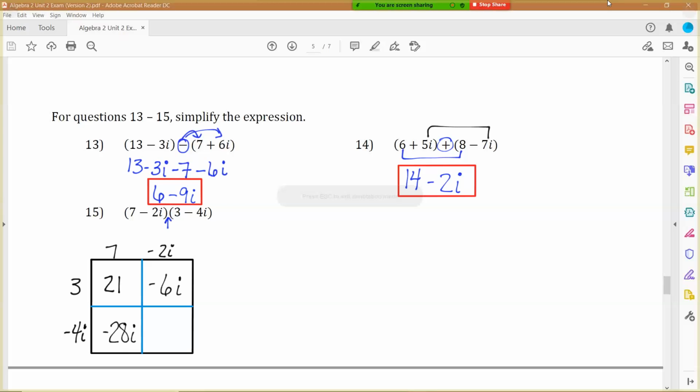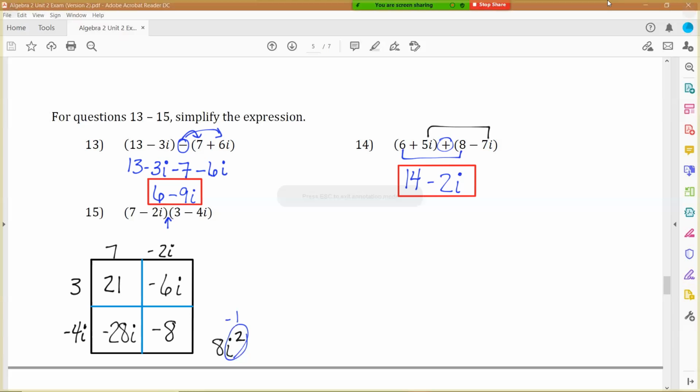Negative 2 times negative 4 is positive 8. i times i is i squared. Being told that i squared equals negative 1, really I'm taking 8 times negative 1, which means this box holds a value of negative 8. So remember, i squared gets replaced with negative 1.